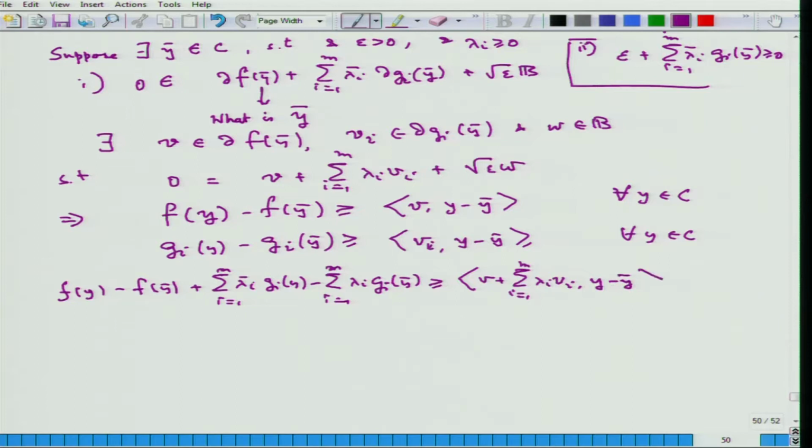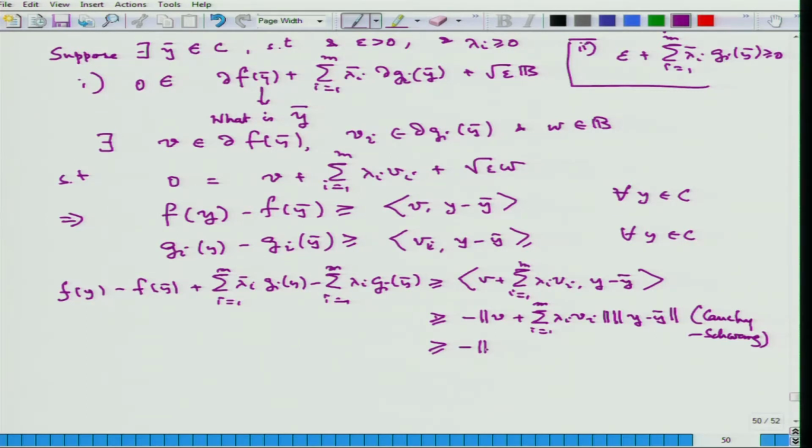y minus y bar. But this thing, by Cauchy-Schwarz inequality, is greater than norm V plus summation I is equal to 1 to m... by Cauchy-Schwarz, which I expect all of you to know, those who are viewing it. So, this is nothing but root epsilon w.